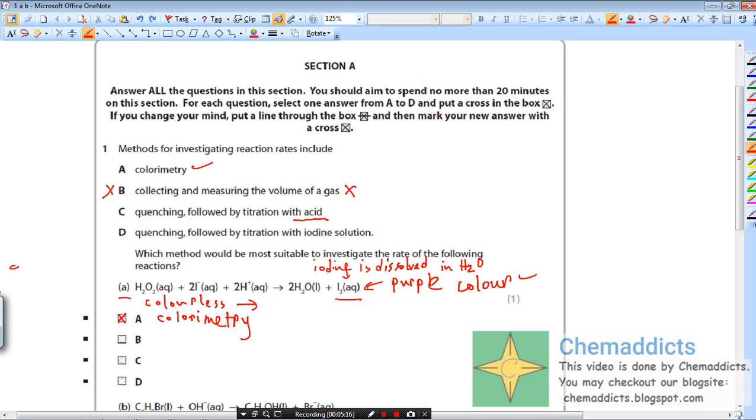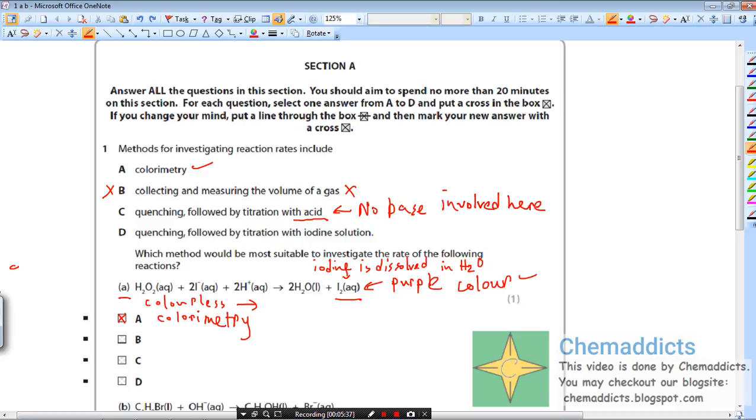Since there is no base involved, option C is invalid for this particular reaction. No base is involved here.